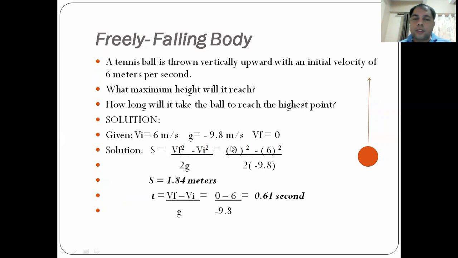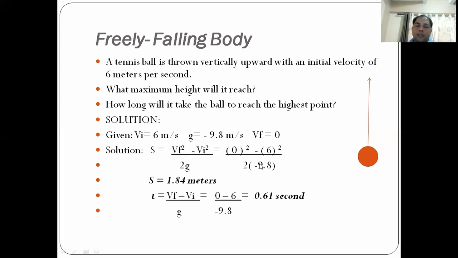Substituting our values, for the Vf value, which is 0. Again, why 0? Because this is at the highest point. The body eventually stops moving when it reaches the highest point, so the final velocity at the top will be 0. But it started below with 6 meters per second. So that will be 0 squared minus 6 squared, and dividing the equation by 2 times 9.8.